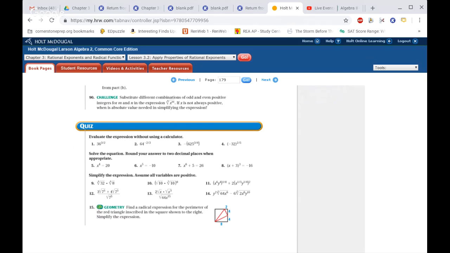So x to the 5th equals -10. Were we supposed to use the calculator?